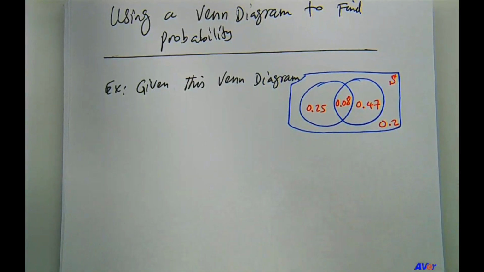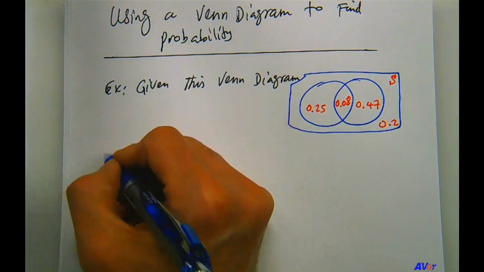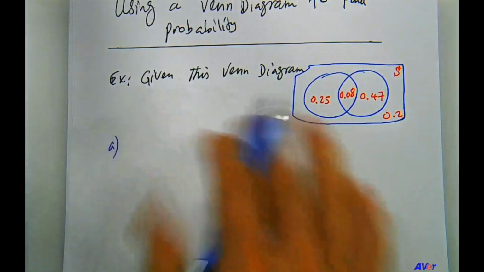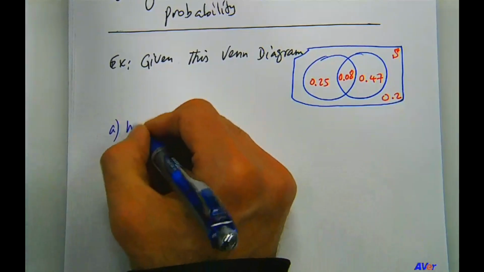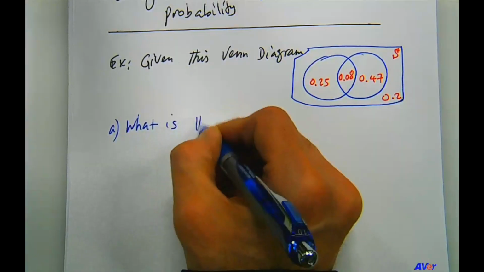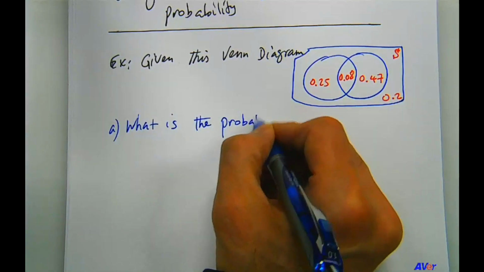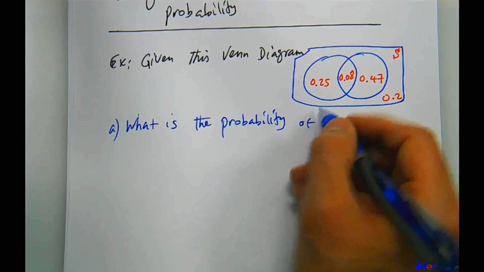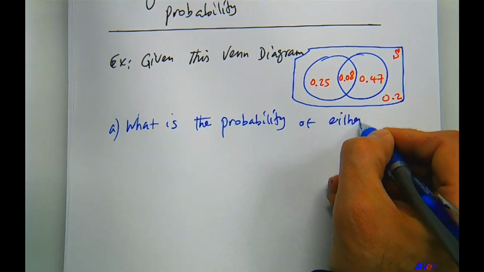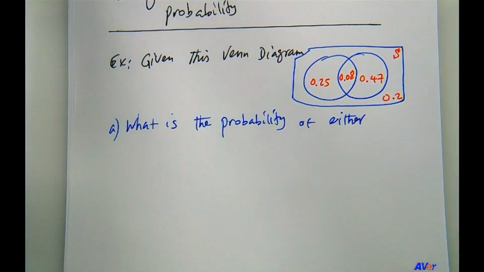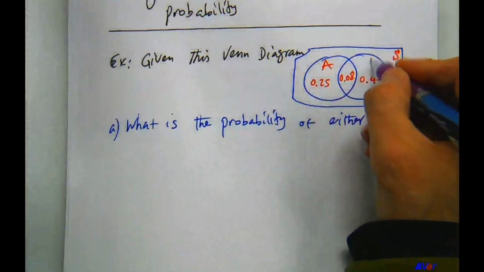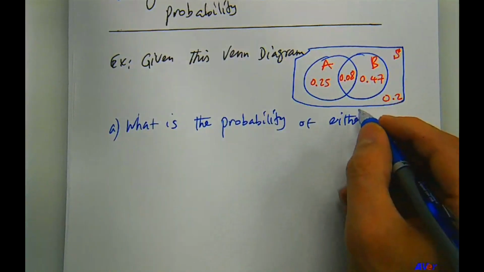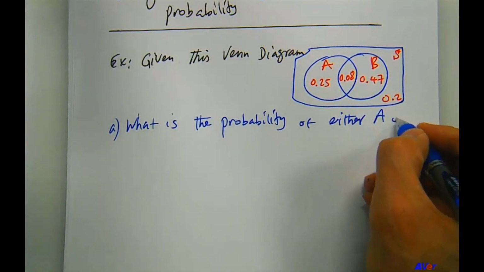So given this Venn diagram, part A, it's asking us what is the probability of either A, oh, I forgot to label these circles. So this is circle A, B. And what is the probability of either A or B?